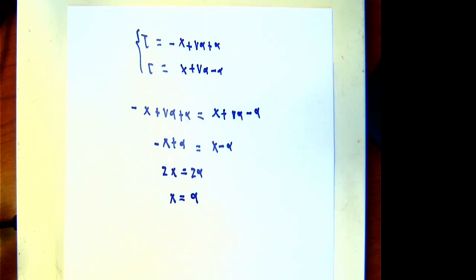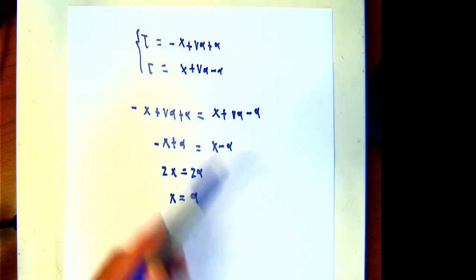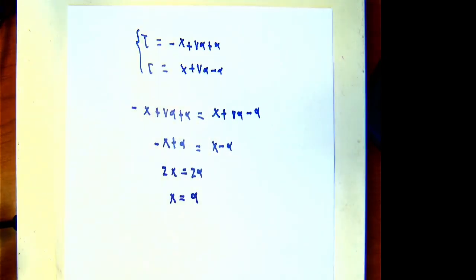Setting the t-coordinates on the two lines equal to each other, it's a simple matter to find out that x must equal alpha. That's actually very interesting because that was the time coordinate of point D. Let's figure out what the time coordinate of this point is. I have two straight lines that this point is supposed to be on.